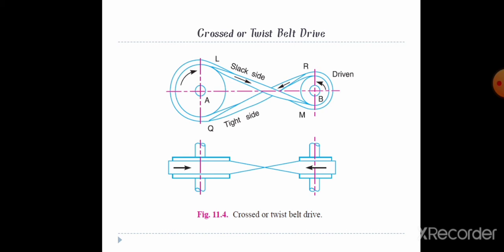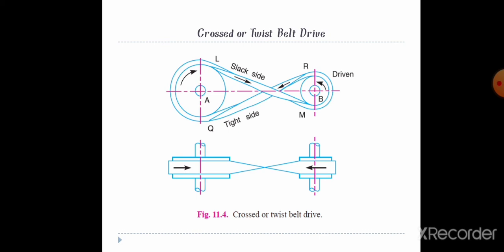In the diagram, in this case, the driver pulls the belt from one side, that is RQ in the figure, and delivers it to the other side, that is LM. Thus, the tension in belt RQ will be more than in belt LM. The belt RQ is known as the tight side, whereas belt LM, which has less tension, is known as the slack side.